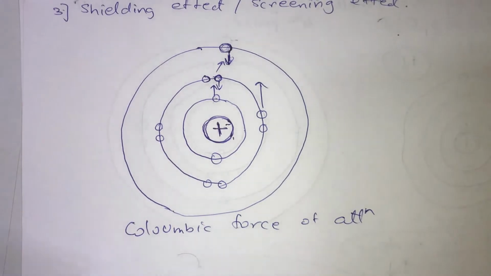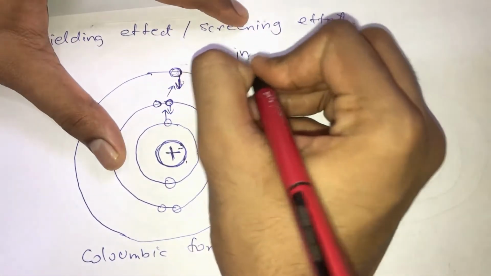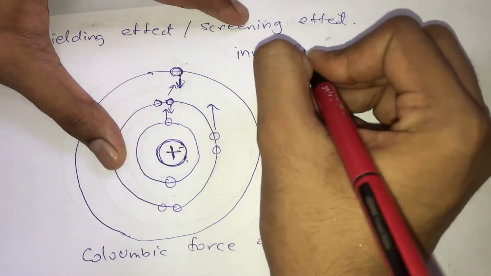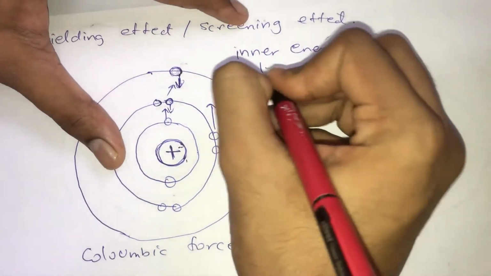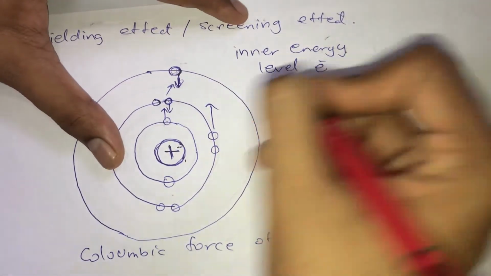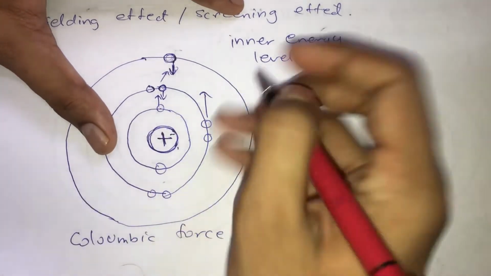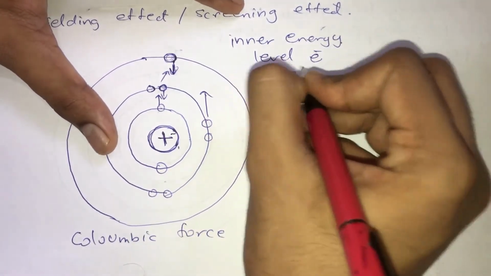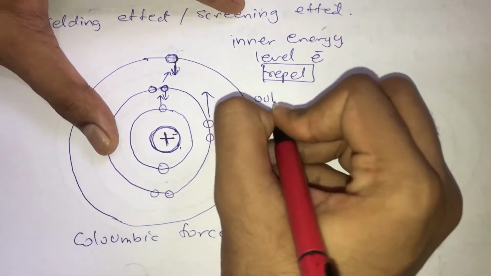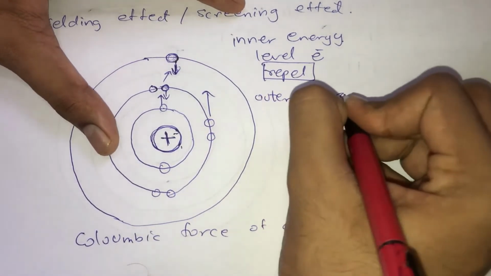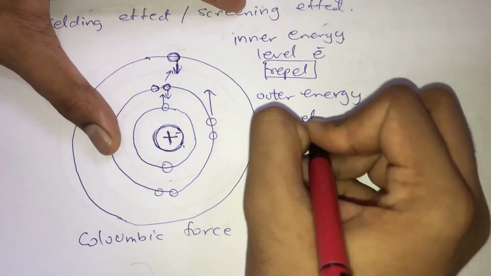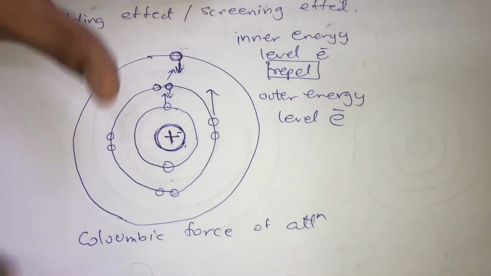So can I say that the inner energy level electrons repel the outer energy level electrons? Am I right?